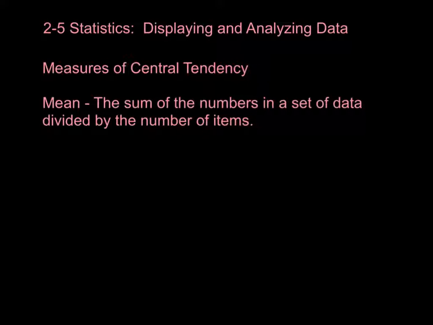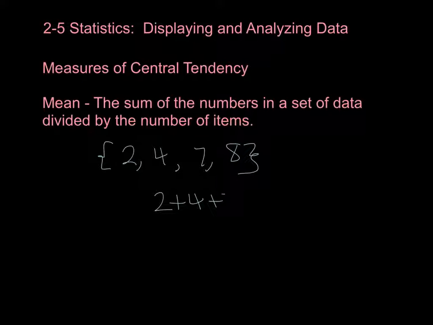So for measures of central tendency, the first thing we'll go over is the mean. The mean is the sum of the numbers in a set of data divided by the number of items. So if our set of data were 2, 4, 7, 8, then we would simply add 2, 4, 7, and 8, and then divide that by 4, because there are 4 items in the data set.